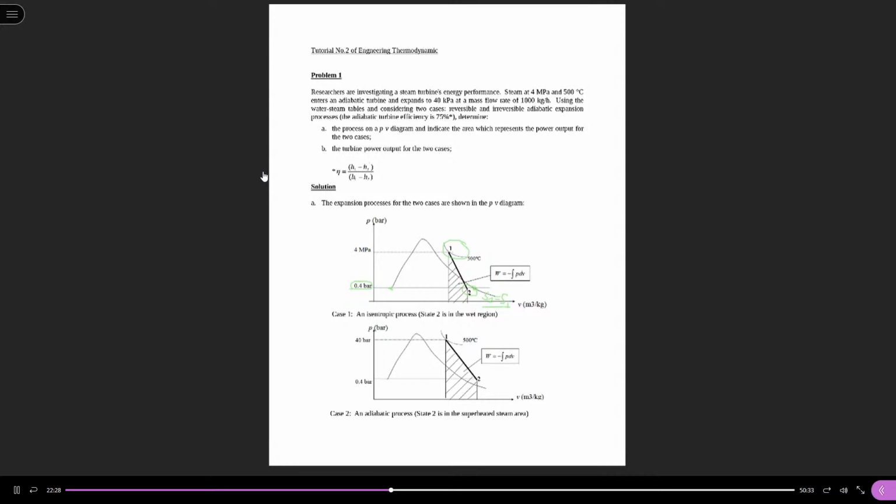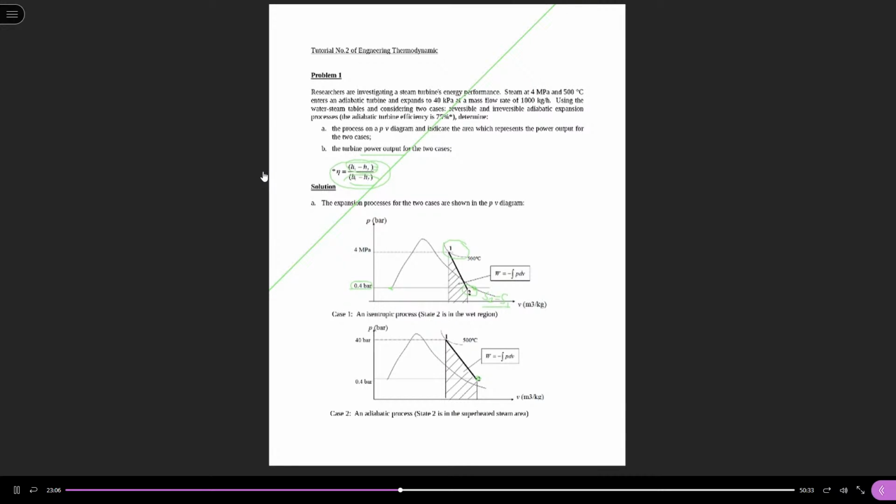Then we can calculate the turbine work for the isentropic process. If irreversible, we have the efficiency, where this is the actual one and this is the ideal one. So then we can get the actual one.